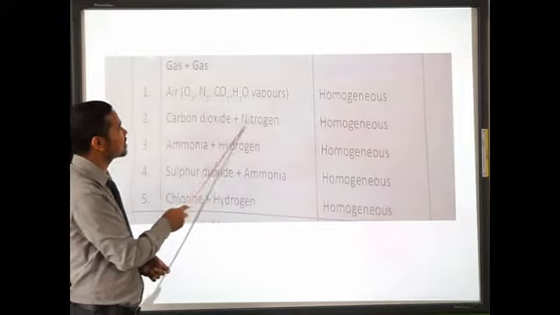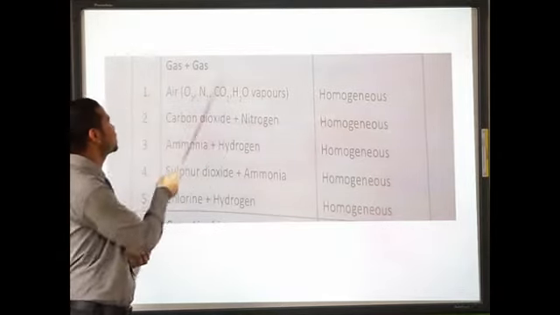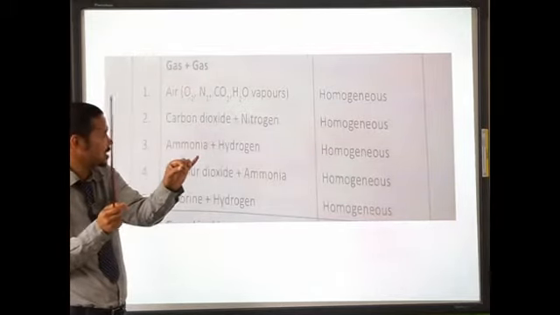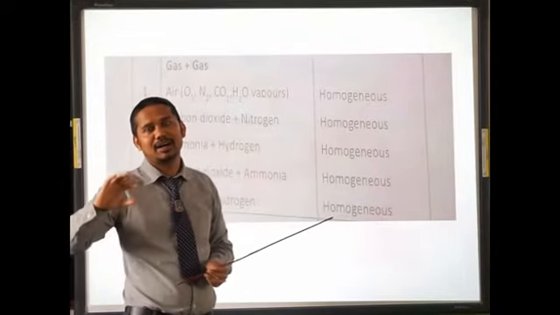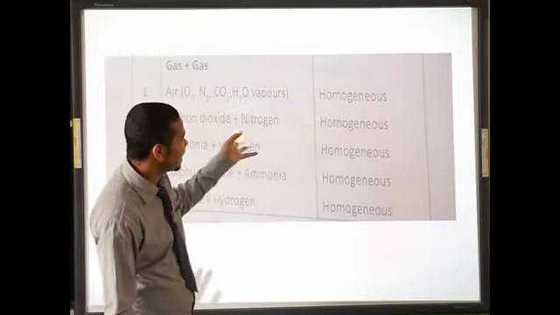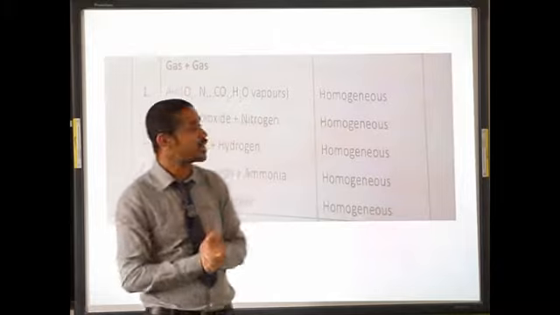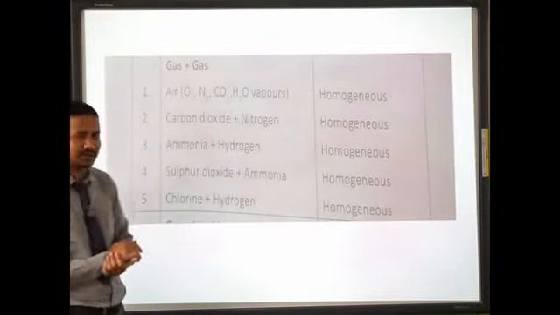Carbon dioxide plus nitrogen. So carbon dioxide and nitrogen are also mixed. Here air only you can take. You cannot separate carbon dioxide and nitrogen from air because they are not heterogeneously mixed. They are uniformly mixed. We cannot separate. Then ammonia and hydrogen.